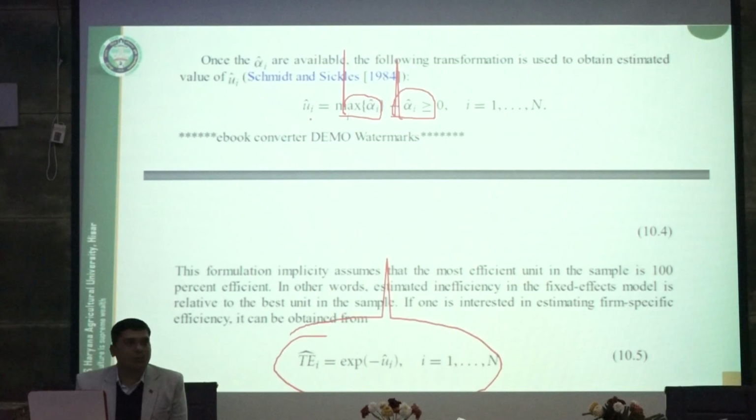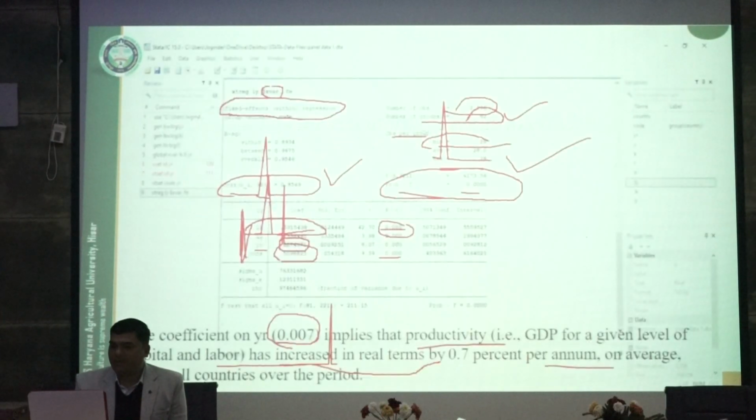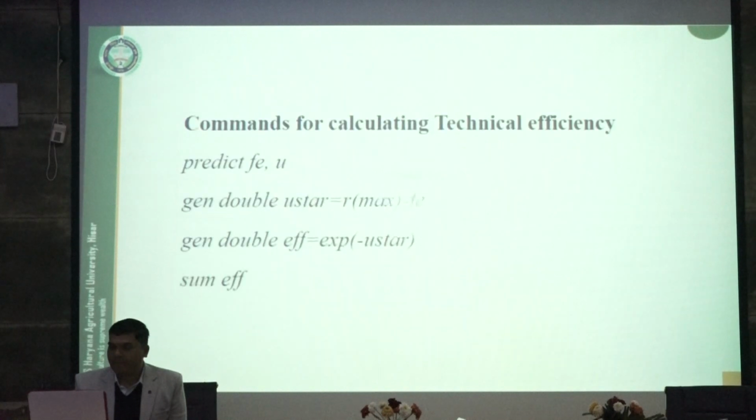This is the formula for ui's. So you find the maximum value minus that u value, and then take the exponential of that. This is the formula, you can check.